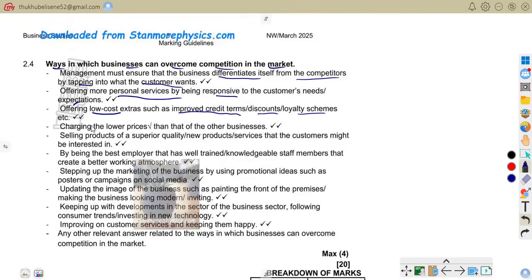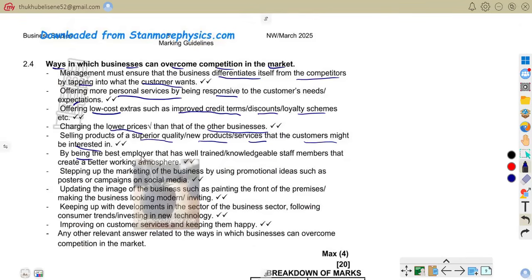Then charging lower prices than other businesses: selling products at lower prices than competitors to attract more customers. Selling products of superior quality, new products, and services that customers might be interested in. So here you are providing high quality products that satisfy customers better.